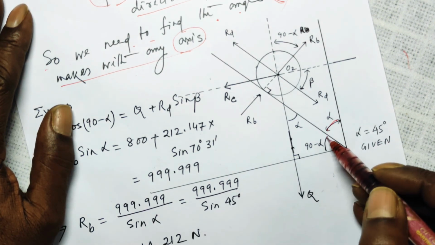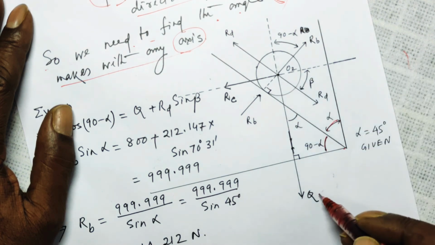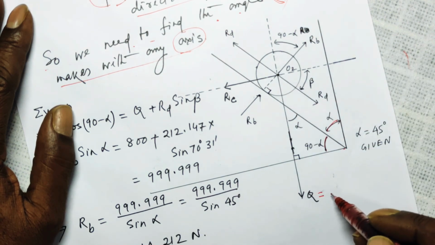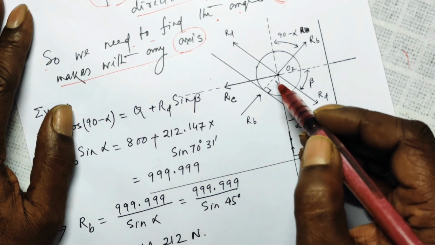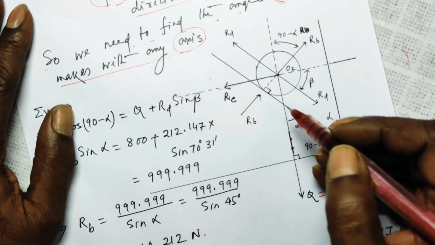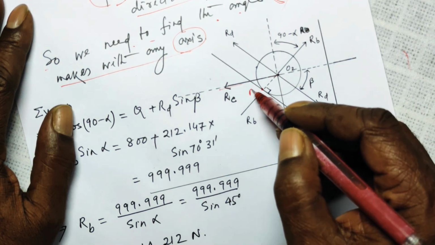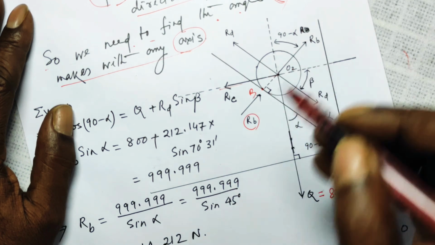If you draw a horizontal line, this will be 90 minus alpha. Its weight Q is vertically downward. Its value is given as 800 Newton. And from this point your RC was to this side, and this point of contact was your B, and the reaction force was passing through this point to this side.